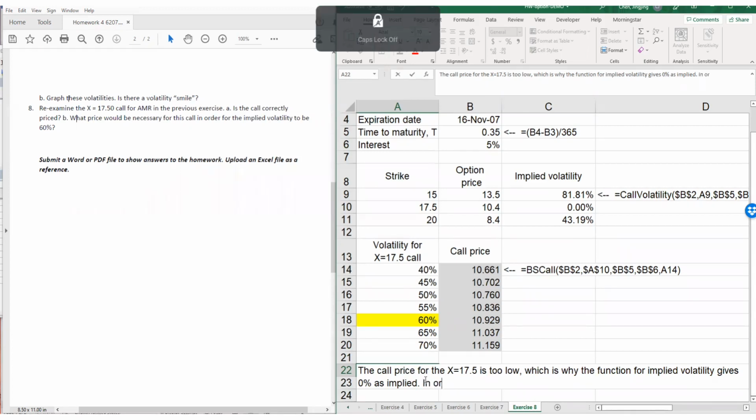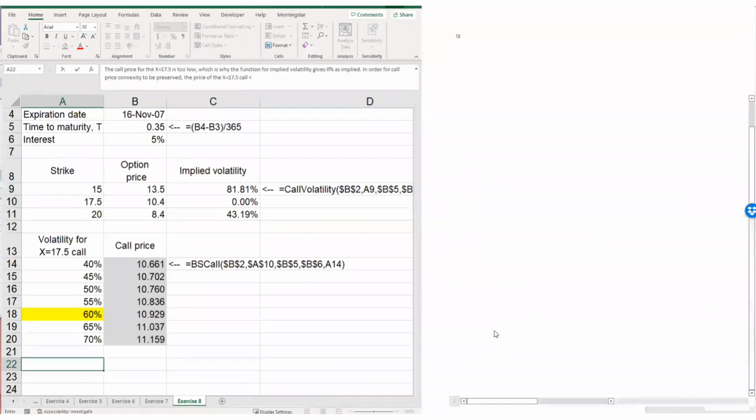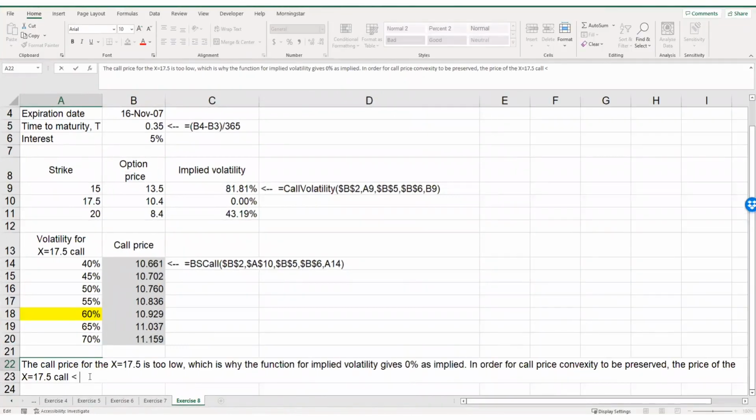In order for call price convexity to hold, the price of the 17.5 call has to be less than 13.5 plus 8.4 divided by 2, which is 10.95.